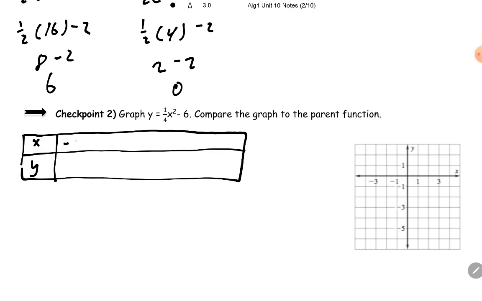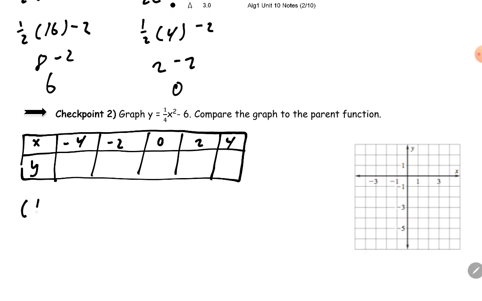And let's do -4, -2, 0, 2, 4. Now you can use -2, -1, 0, 1, 2. It doesn't matter. I know this will make it a little bit cleaner.